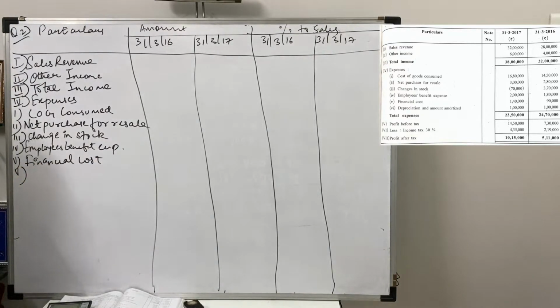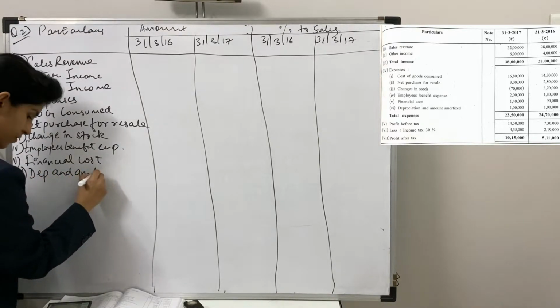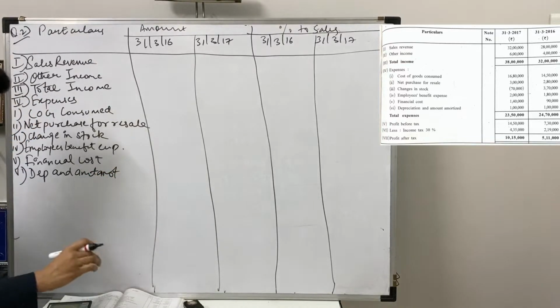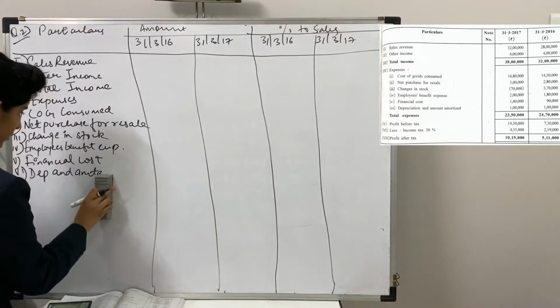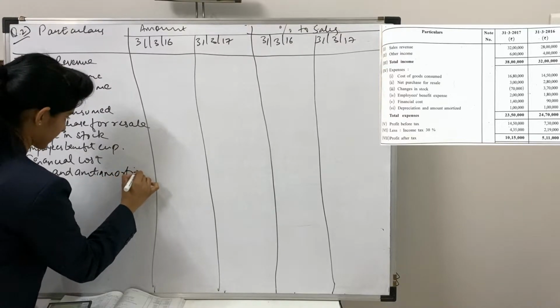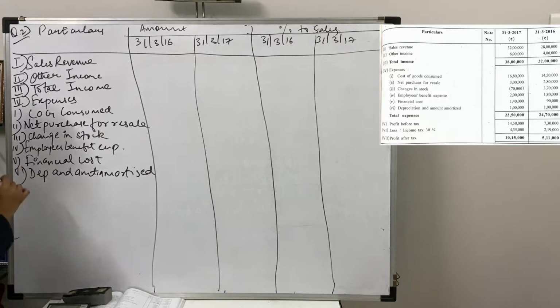Fifth is done. Sixth is the depreciation and amount amortized. It is not being amortized, it is amortized. Next is your profit before tax.